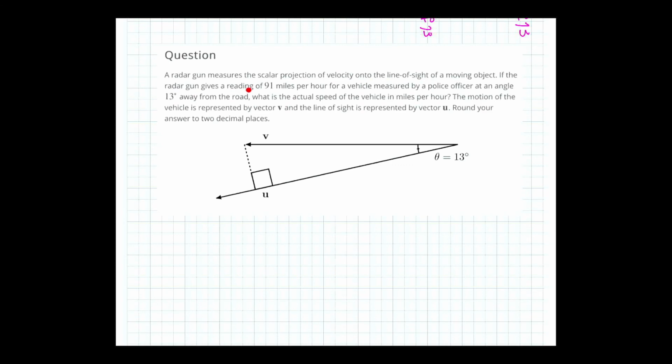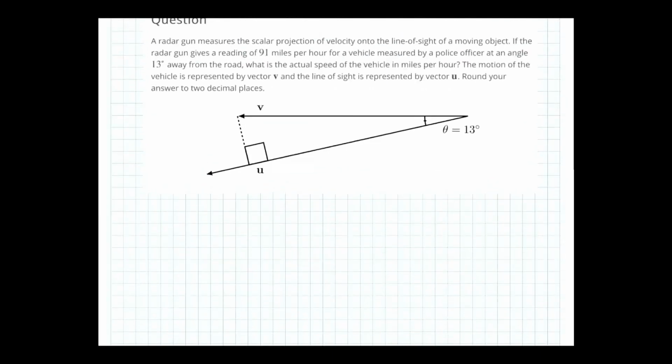If the radar gun gives a reading of 91 miles per hour for a vehicle measured by a police officer at an angle of 13 degrees away from the road, what is the actual speed of the vehicle in miles per hour? The motion of the vehicle is represented by the vector v. Yeah, so the idea is, motion of the vehicle is v, and line of sight is u.